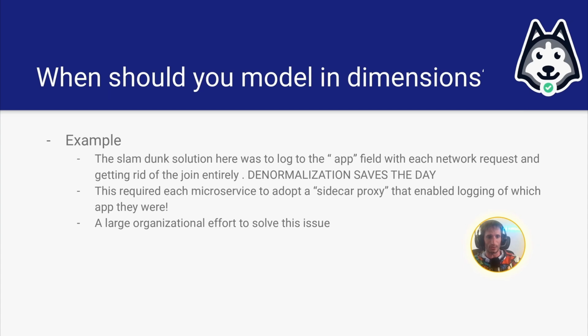That was really crazy, that we realized that's what we needed to do. So what we needed people to do was adopt this thing called a sidecar proxy, which every app could just adopt. Every time it received a request, it would log the app that it was coming from.